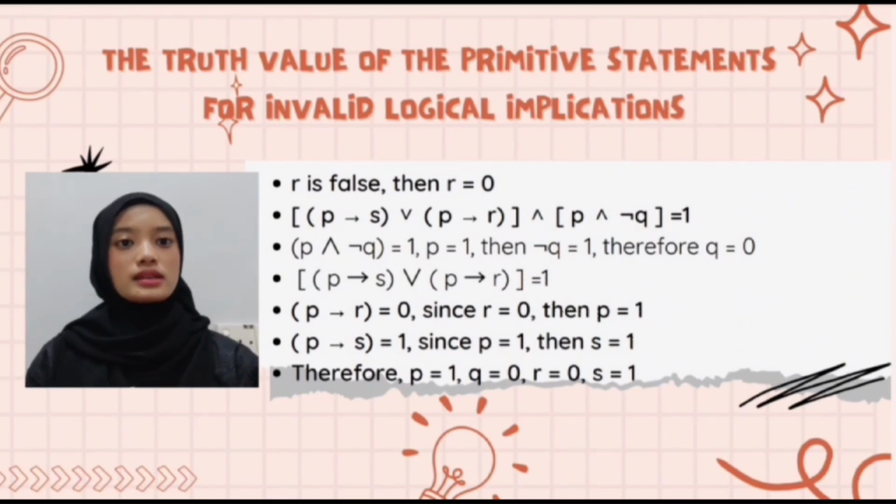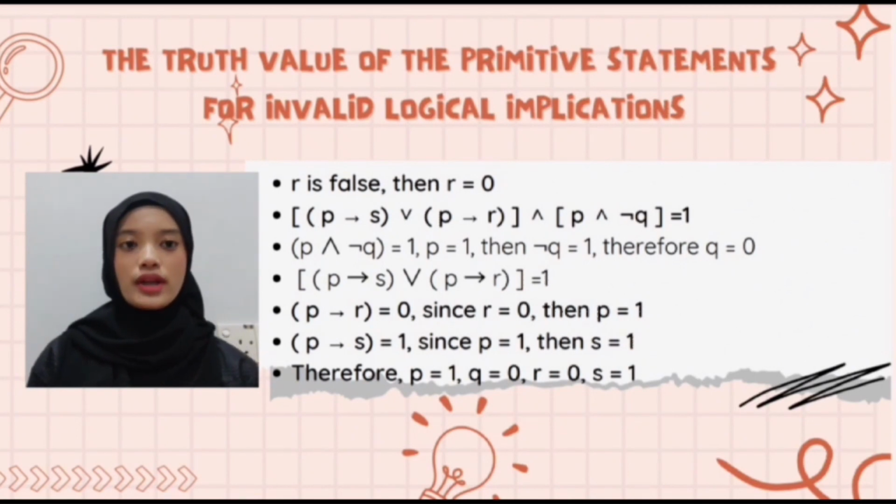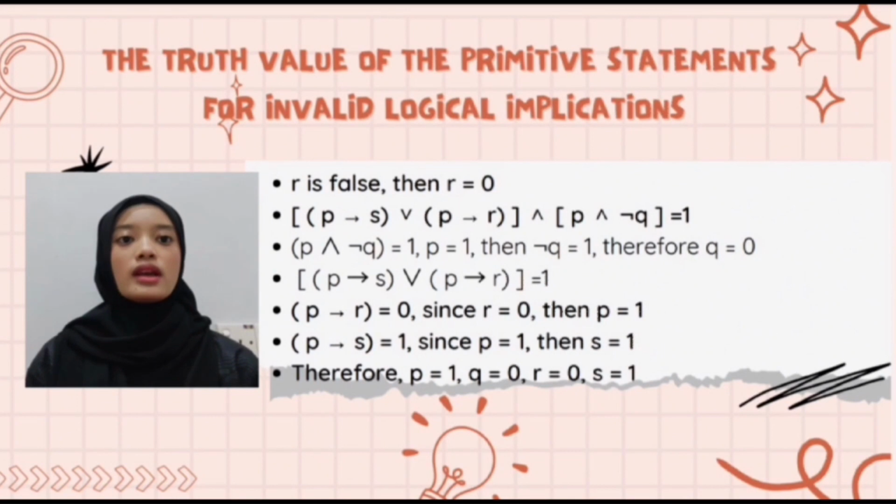So since P and not Q are equal to 1, we get the truth value of P equal to 1 and not Q equal to 1. Since we are looking for Q, not not Q, therefore Q equals 0, because not Q is the negation of Q.